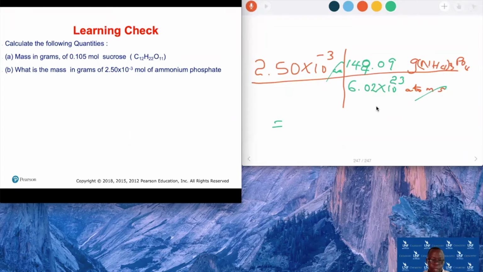And here I got 6.19 times 10 raised to -25.